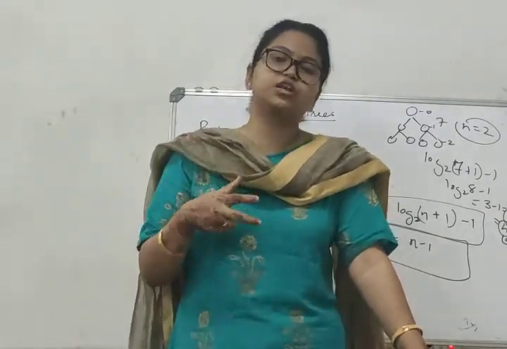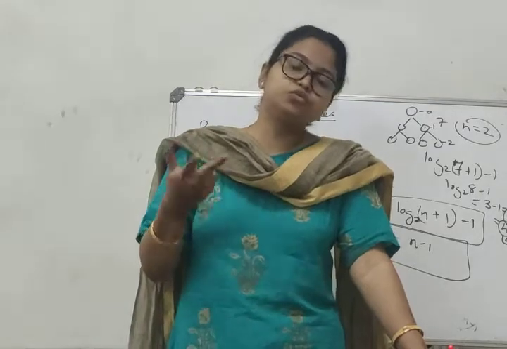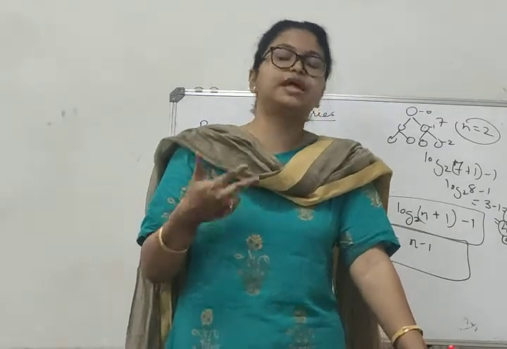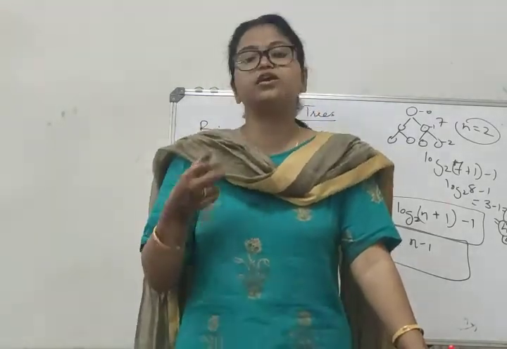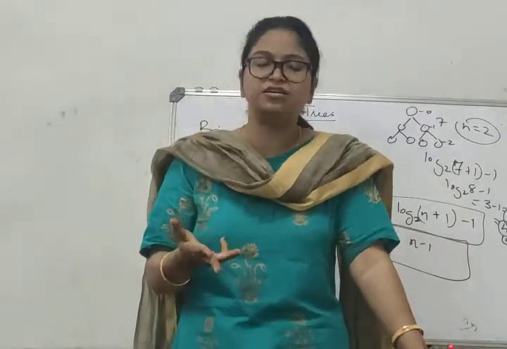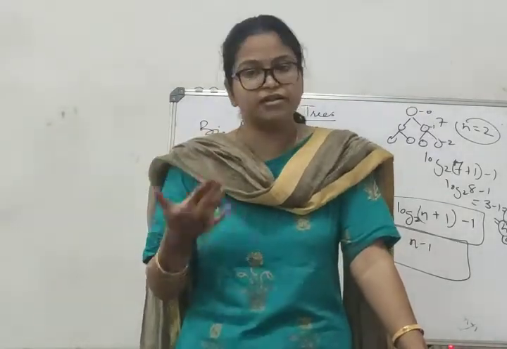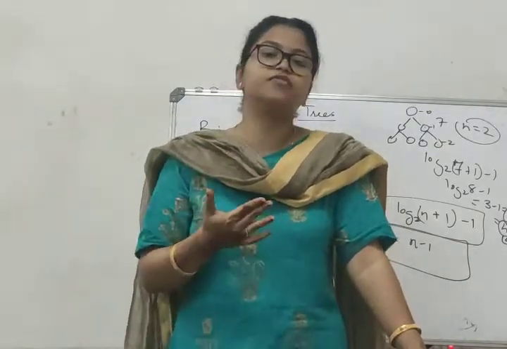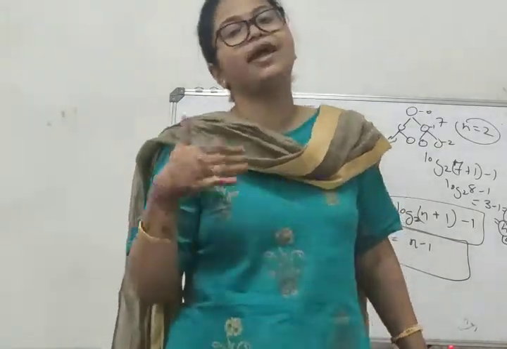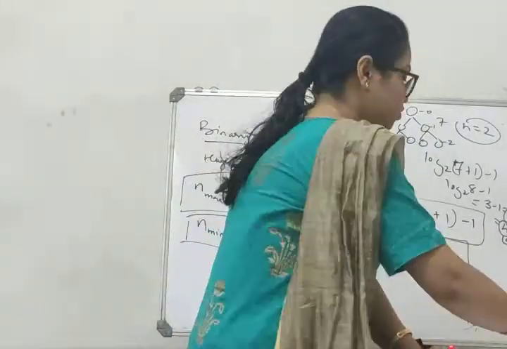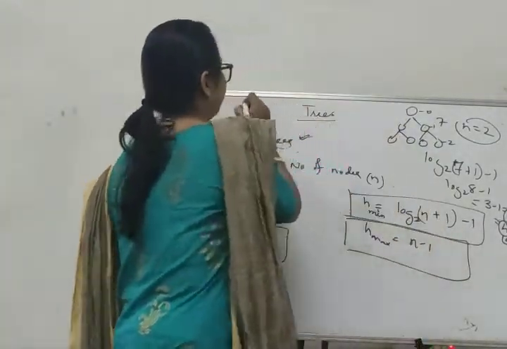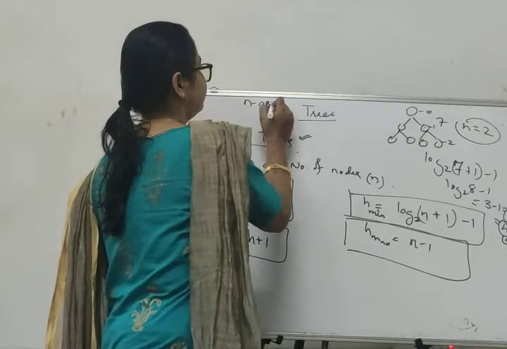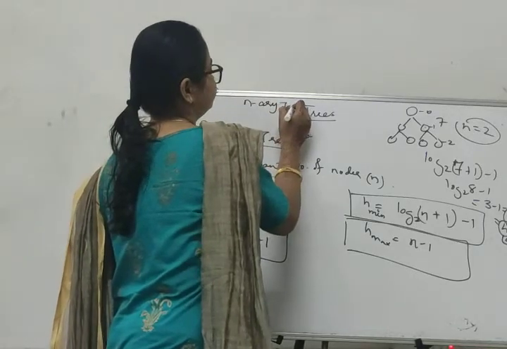If a root is connected to two child nodes, then we call it a binary tree. If the root is connected to three child nodes, then we call it a trinary tree. Otherwise, if it is connected to n nodes, in general, we can generalize it and say it is an n-ary tree. Okay.